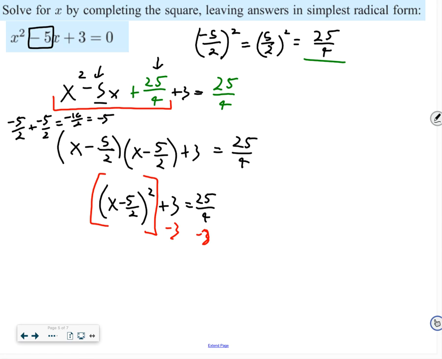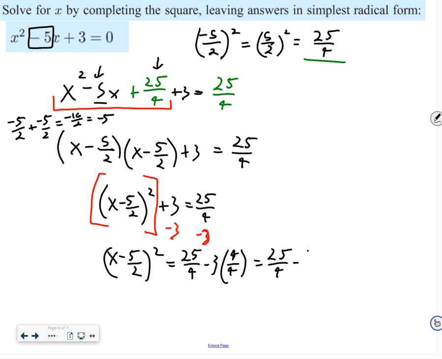So I'm going to get x minus 5 over 2 squared equals 25 over 4 minus 3. Simplify this. I know I'm going to want to get a common denominator, so I multiply negative 3 by a form of 1. Okay, so I get 25 over 4 minus 12 over 4. And so this is going to be equal to 13 over 4.